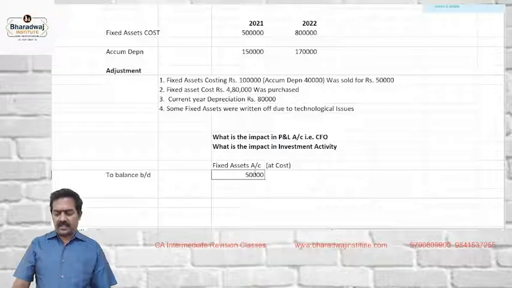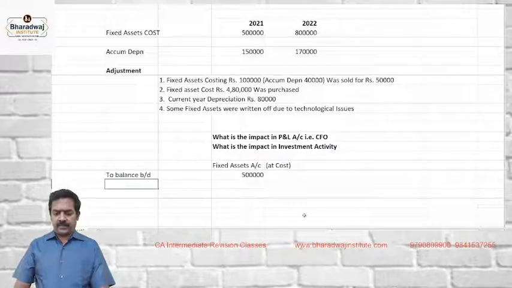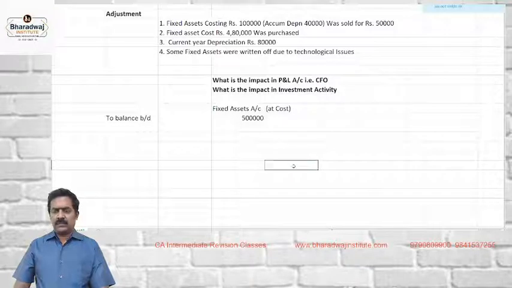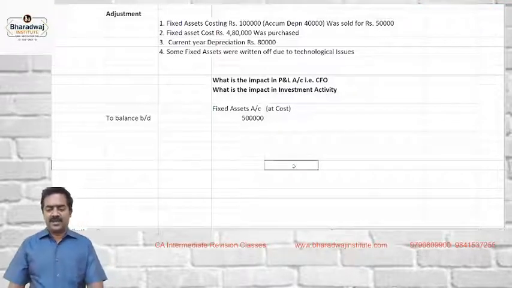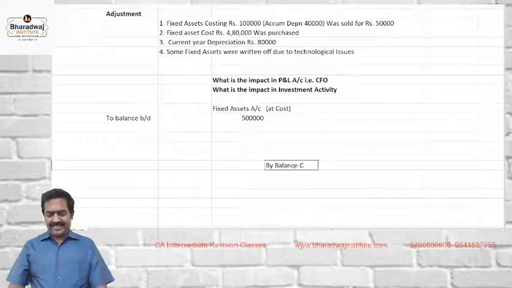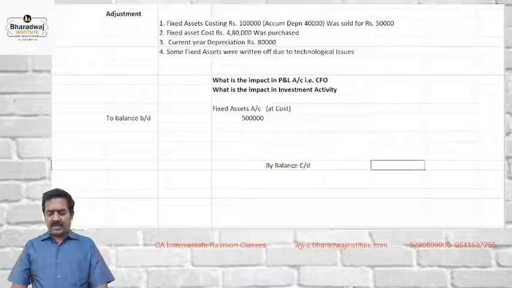Opening balance is 5 lakhs. Yeah, I'm not visible because the camera is not working properly. By balance carried down, how much? 8 lakhs.